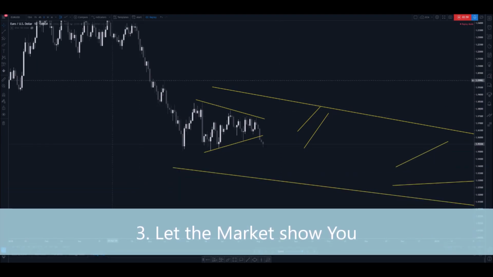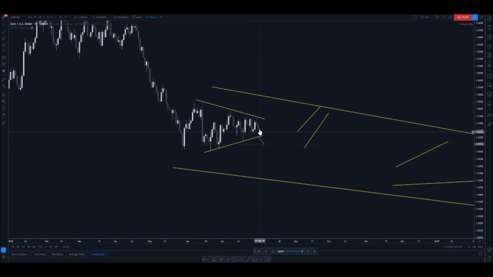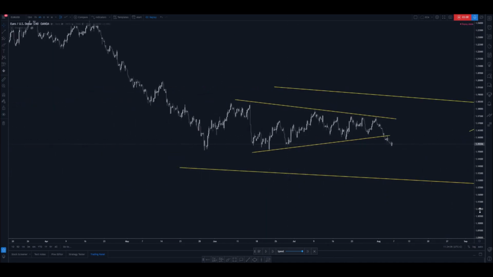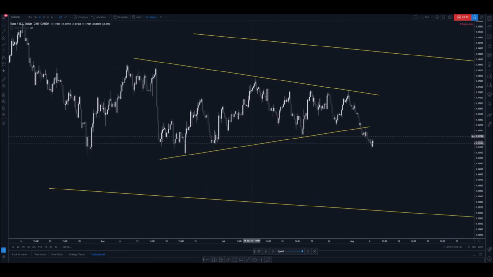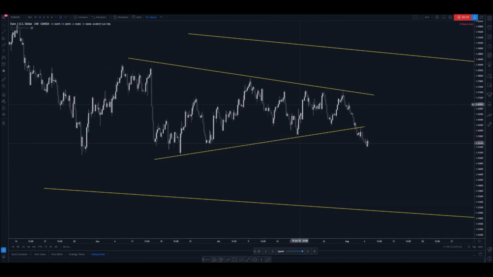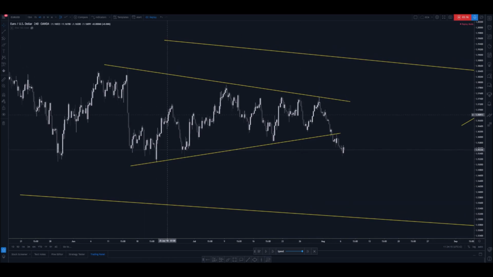As you can see here on the daily, we have a clear impulse break of this structure. Now if we go in on a 4-hour time frame, obviously you can see substructures within this, and we could have traded this pair and this pattern within the pattern.